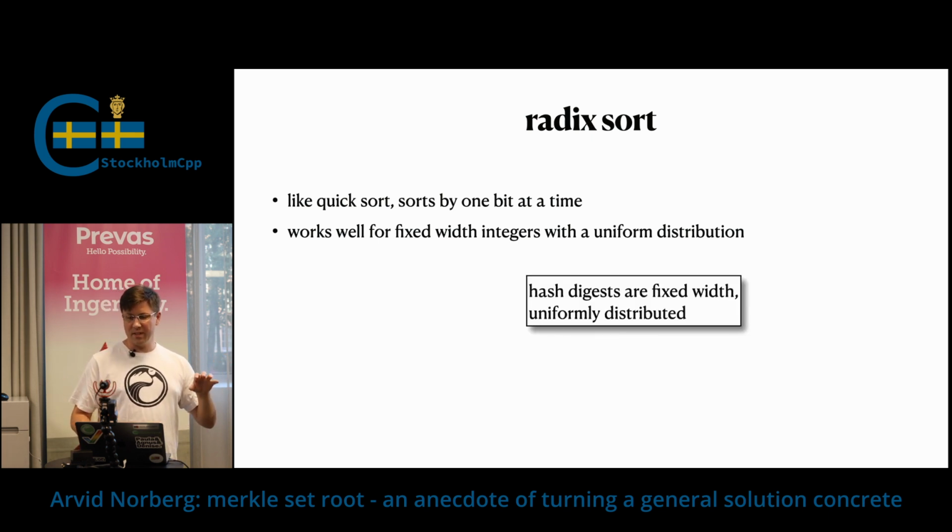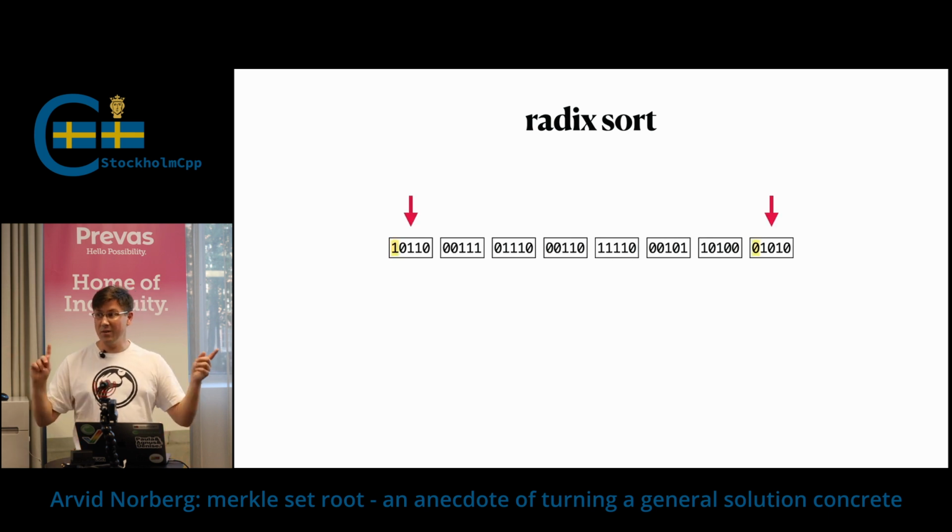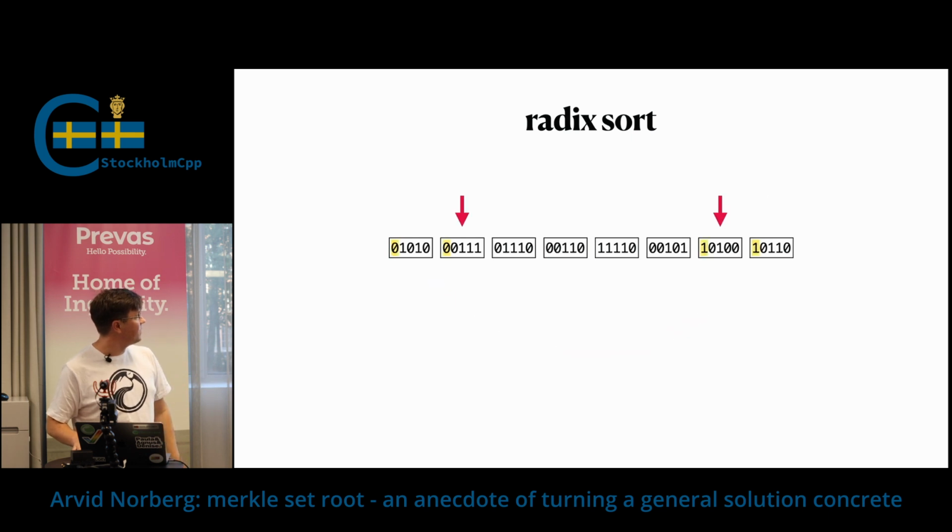Let's take a look briefly on how that would work. Here we have a bunch of integers, somewhat well distributed. You start with creating two cursors, one at the beginning, one at the end, similar to quicksort. You look at the first bits, and if they're different, you want zeros on the left, ones on the right. So you swap these two, and then you move the cursors.